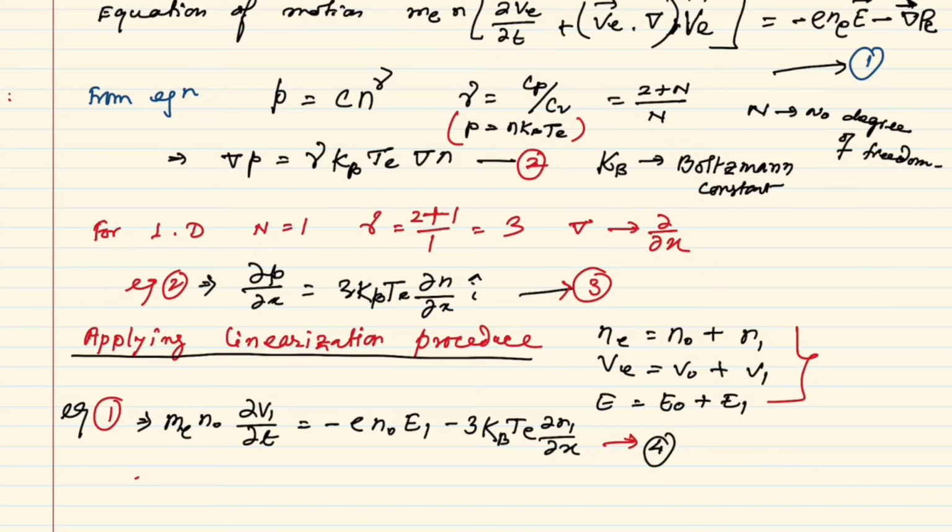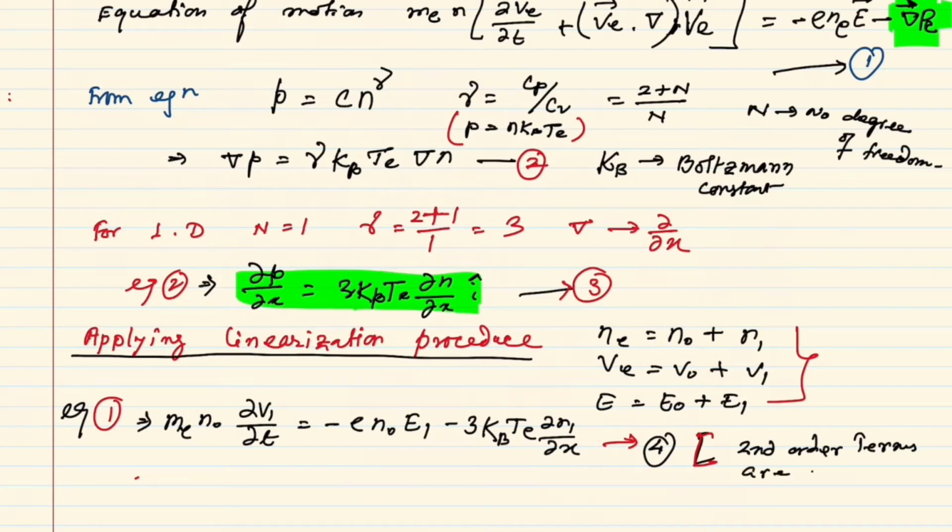Now we have three oscillatory functions, assuming the wave to be sinusoidal, so let me write the oscillatory functions. Here we have ignored the second order terms. Second order terms are ignored. We have written this here.